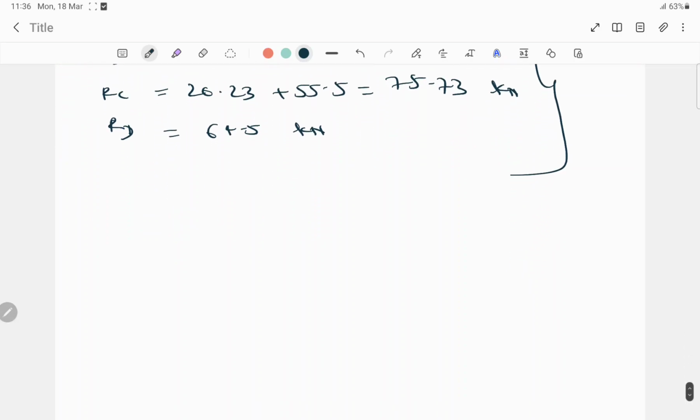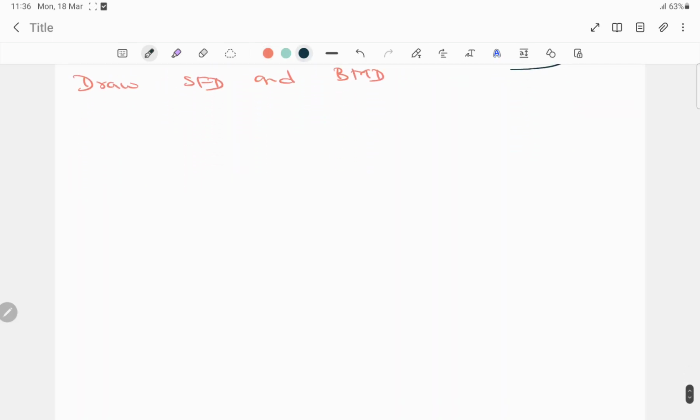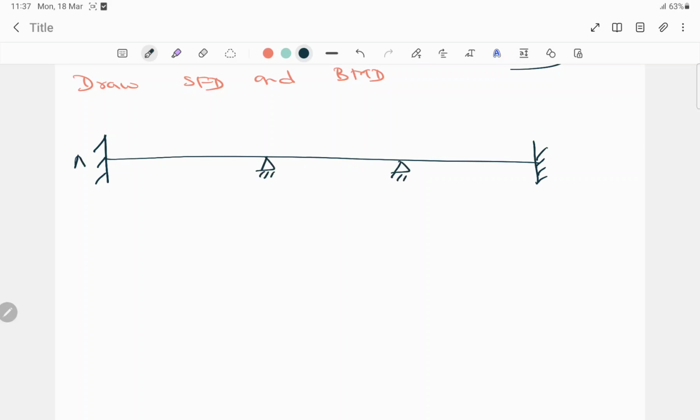Now the last step is to draw SFD and BMD. So I have to redraw the question here. Both the ends are fixed, and here one hinge support is there, another hinge support is there, that is A, B, C and D. From B to C UDL is acting, and here one point load, and here also one point load.